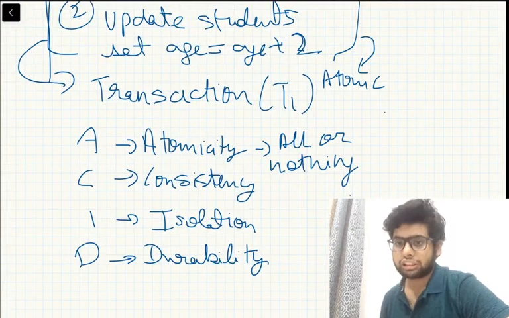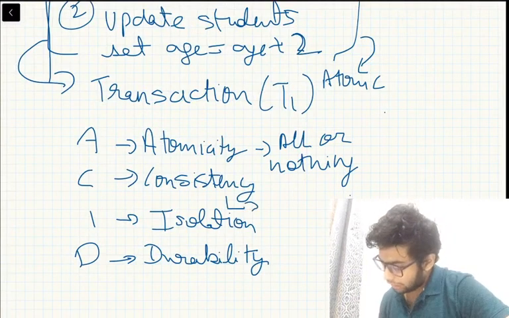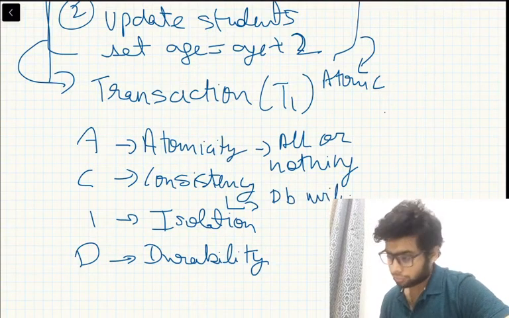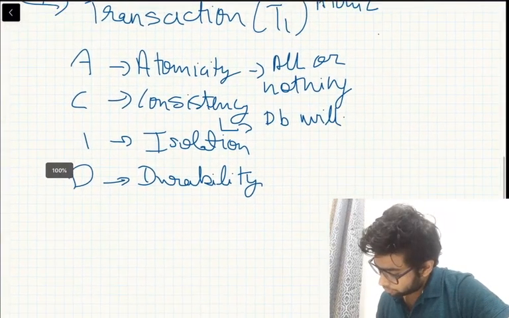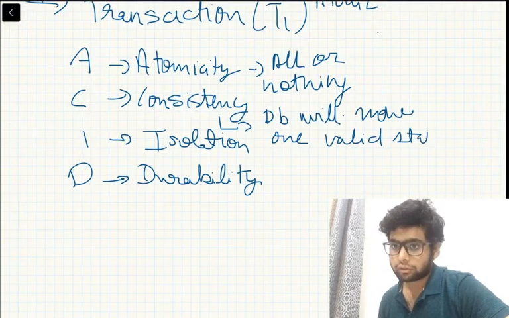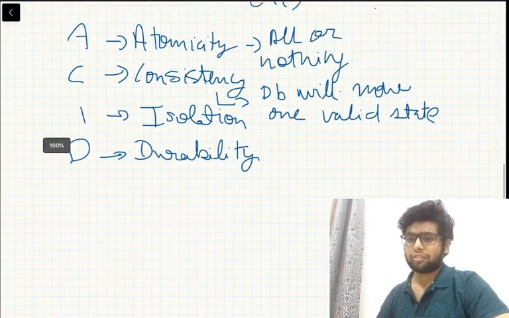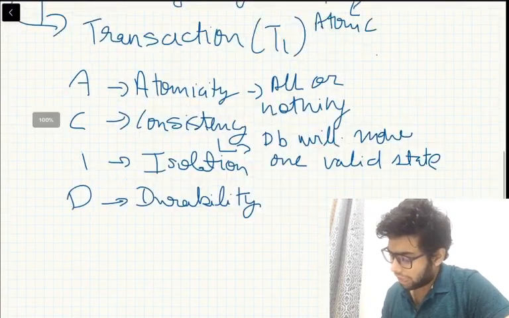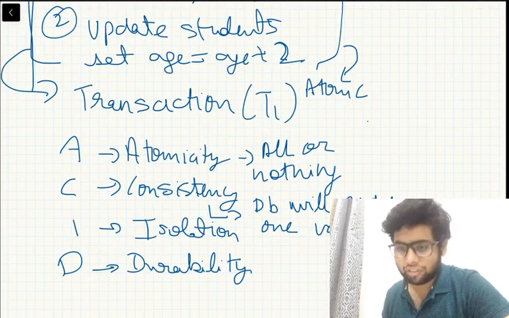By consistency, we mean that your database will move from one valid state to another valid state. So by that we mean that, let's say in the second statement we had increased the age of every row by 2.